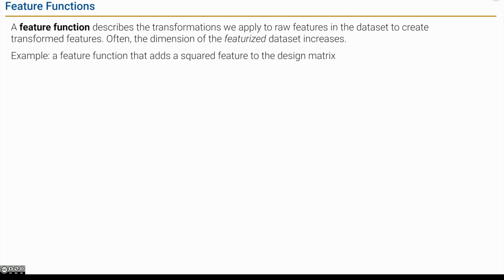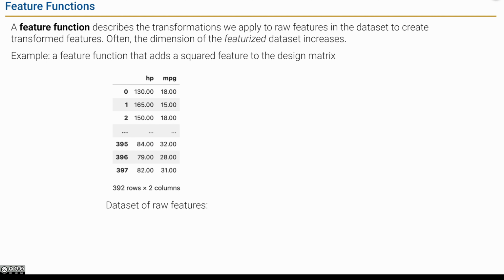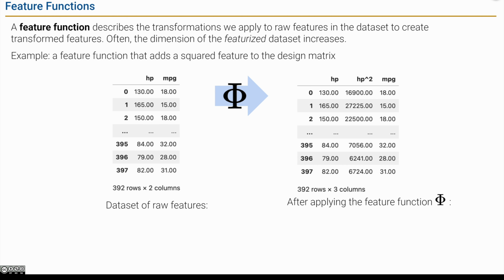So this idea of taking the raw features that we have in our data and then transforming them somehow, we call that transformation process applying a feature function. So for example, if I had horsepower and miles per gallon in a data set, I could say, let me transform this, apply a feature function, and now I'm going to add horsepower and horsepower squared to my possible features to use in the model.